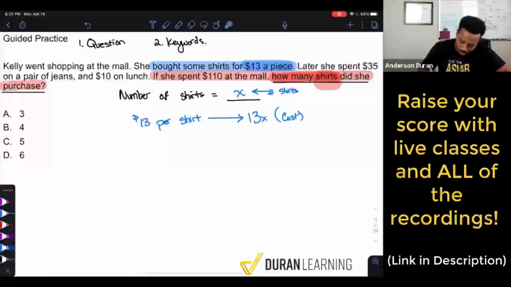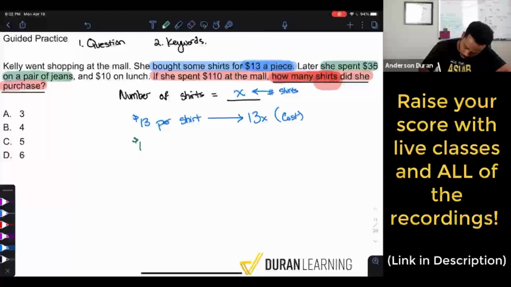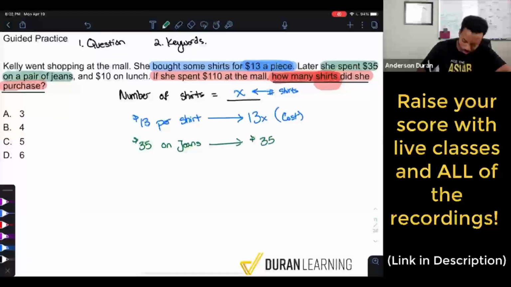Later, she spent $35 on a pair of jeans. Let me highlight that right there. $35 on a pair of jeans. Okay, so I can just say, hey, $35. I'm just going to leave that there, $35 for jeans. And then we see right here, $10 on lunch.